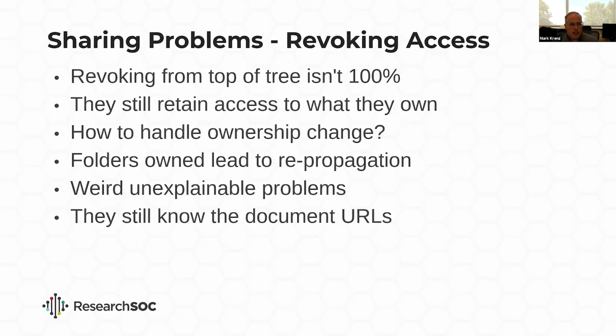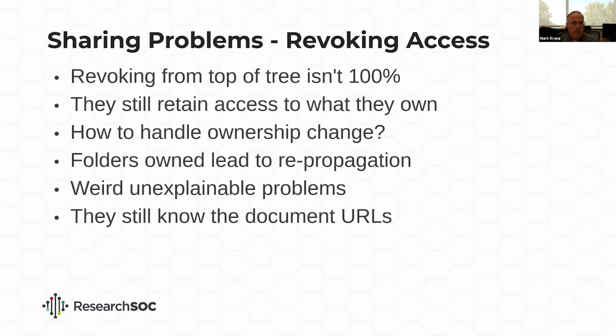Revoking access. Sometimes when you go to revoke access from the top of the tree, it doesn't recurse through all the folders the way you intend it to. I think that there's hidden metadata within Google Drive that Google doesn't expose through the interface or even through the API to users who have API access, that keeps track of whether a folder or a file was different somehow.